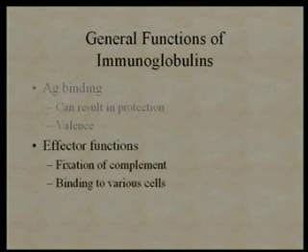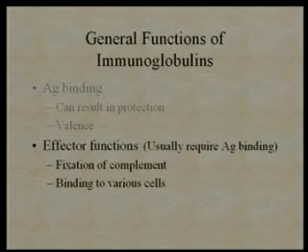Now, in most cases, in order for the antibody to demonstrate one of these effector functions, it must have first interacted with antigen. So you have to have antigen binding first. There are going to be a couple of exceptions that we're going to talk about, but by and large, that's true. And if you think about it, it makes sense.